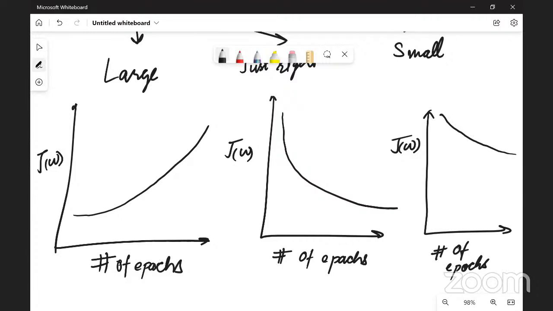Right, this is how it should be. So the number of epochs is increasing definitely. So as you move with your training, as you go from one epoch to the other, this is the effect you are going to see if alpha is set to be large, just right, or small. So keep this point in mind.